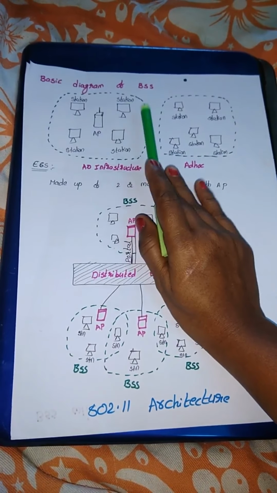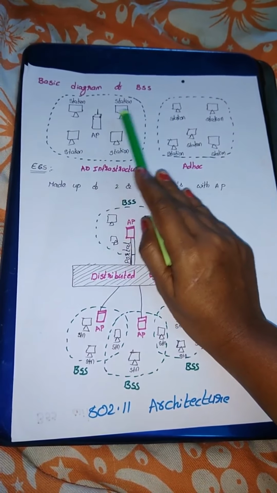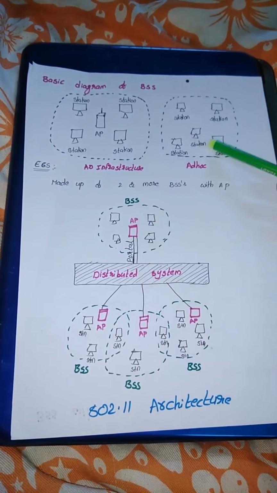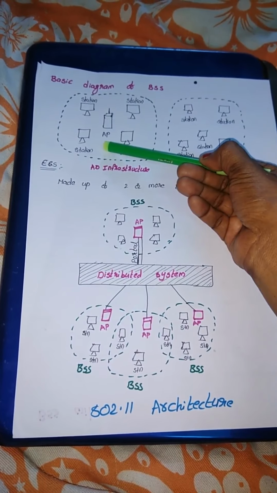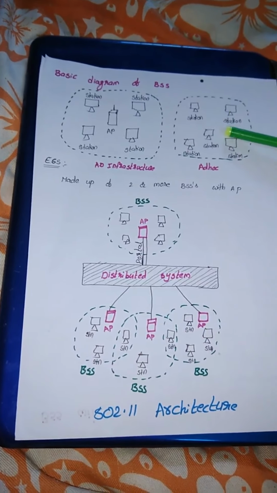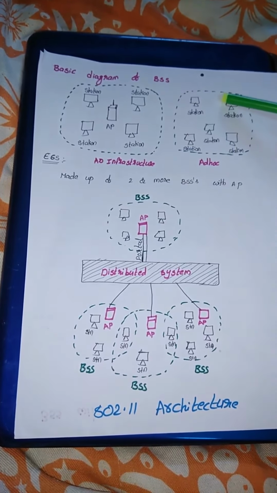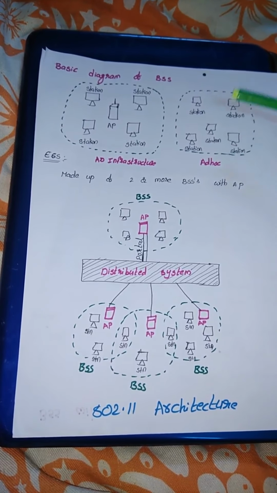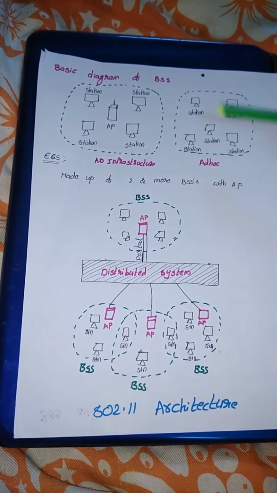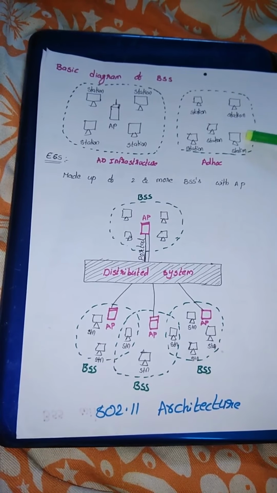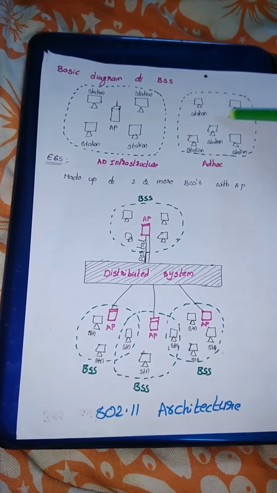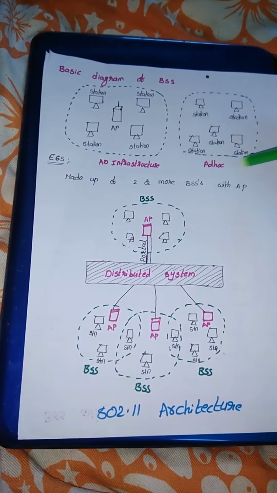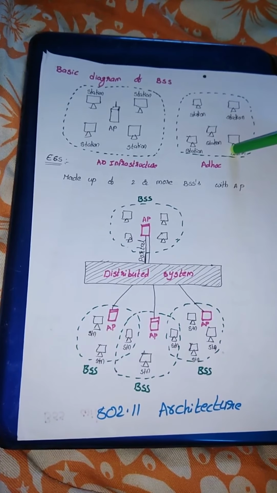Before that, the stations are arranged in two different types of networks. One is the ad hoc network and the other is the infrastructure network. In an ad hoc network, the stations are arranged in a closed group, and communication is done within the network only. That means if a station wants to communicate with another station, it can do so within this ad hoc network only.